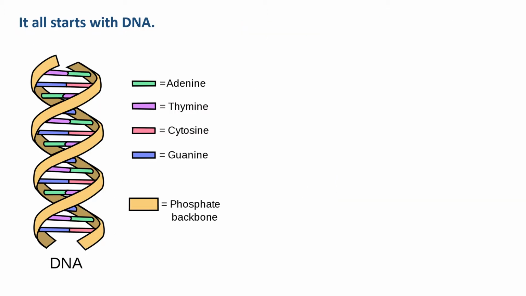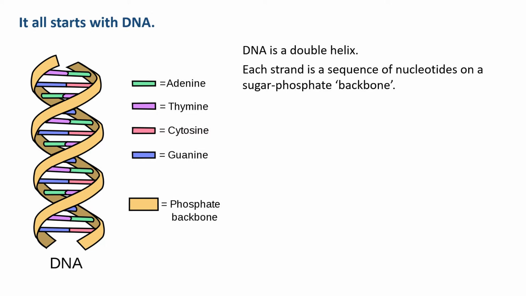So let's go back to the beginning and talk about DNA. You did a little bit on this in your pre-reading. DNA, as we know, is a double helix. Each strand is a sequence of nucleotides, 4 nucleotides in case of DNA, on a sugar phosphate backbone.